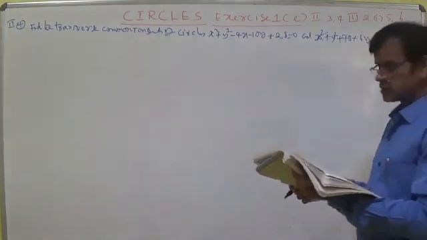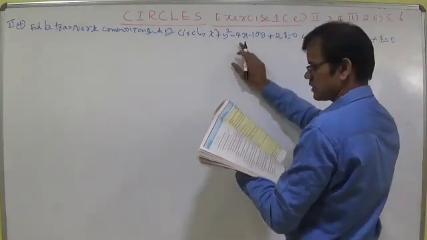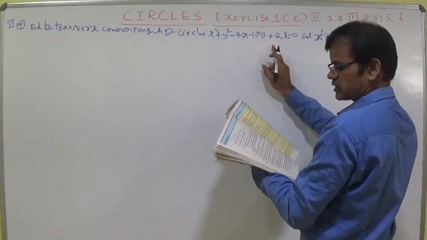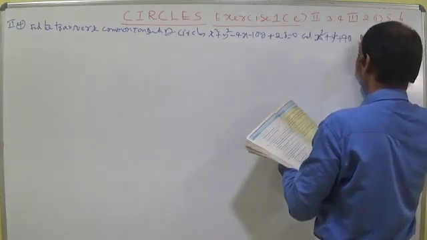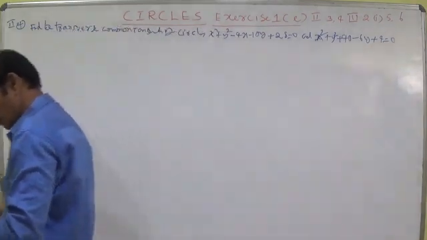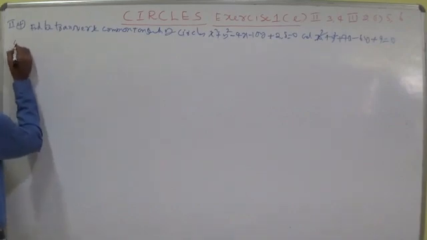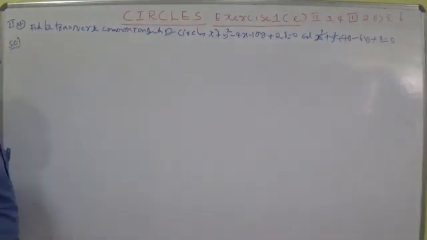First circle x square plus y square minus 4x minus 10y plus 28 equal to 0 and x square plus y square plus 4x minus 6y plus 4 equal to 0. You should calculate the equation of transverse common tangents.